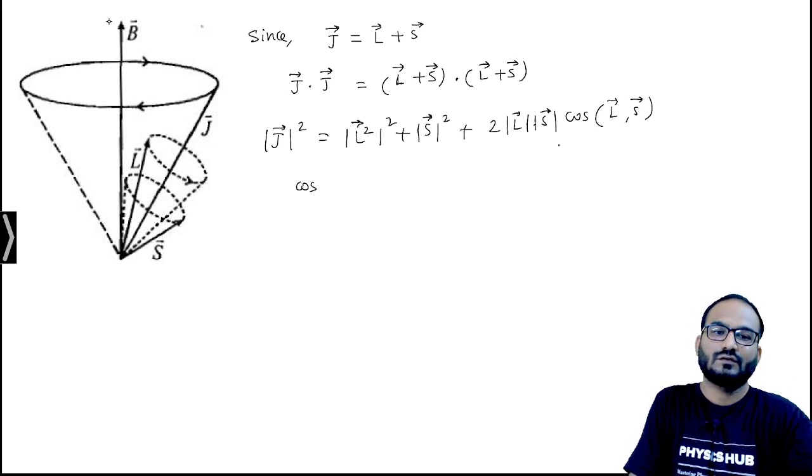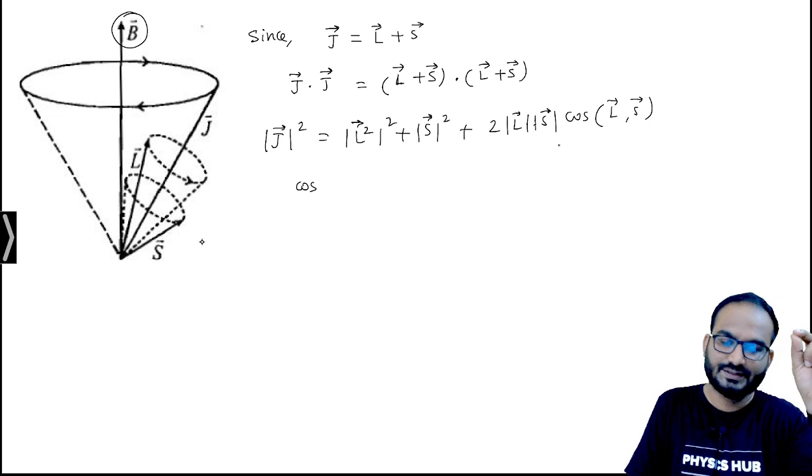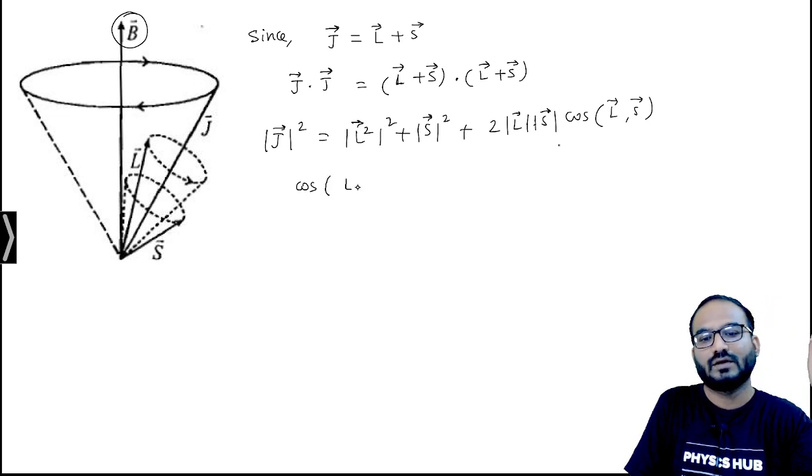Look, when there is no magnetic field, the angle between L and S was conserved or fixed, but what will happen when there is an external magnetic field?